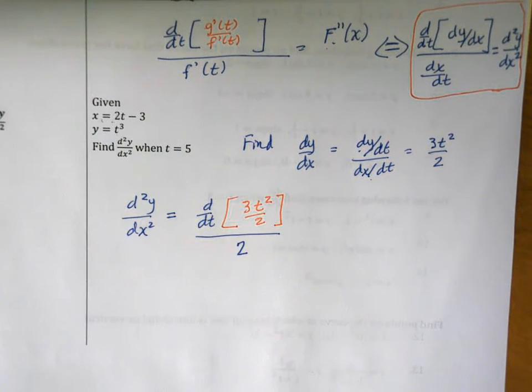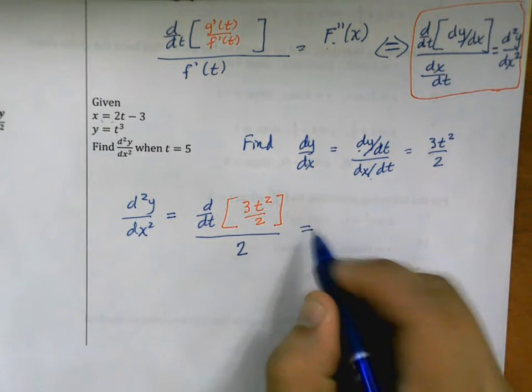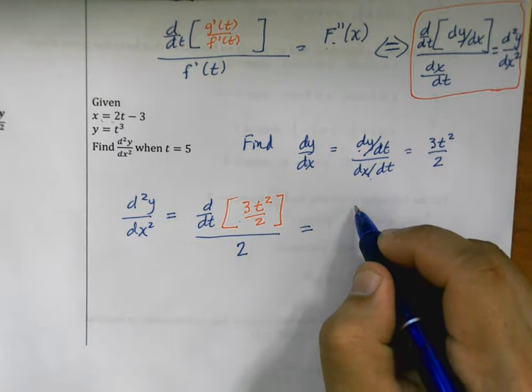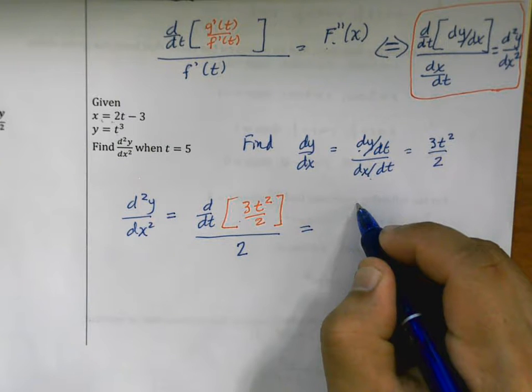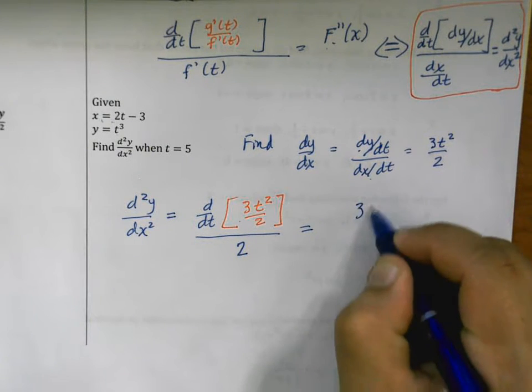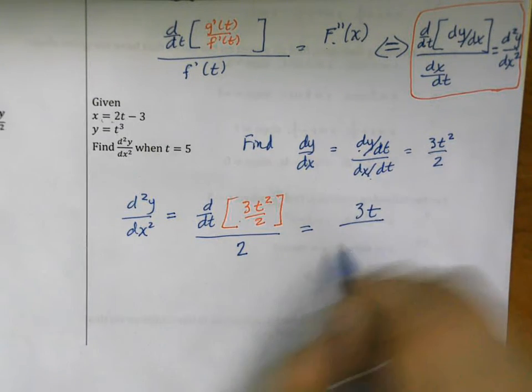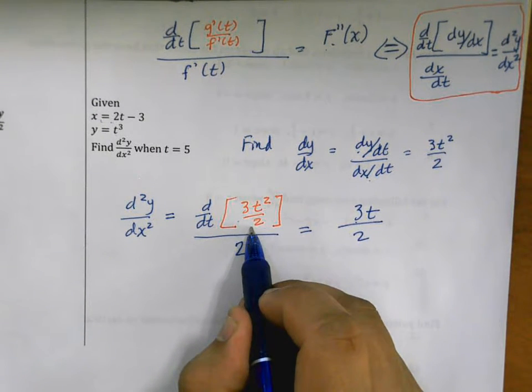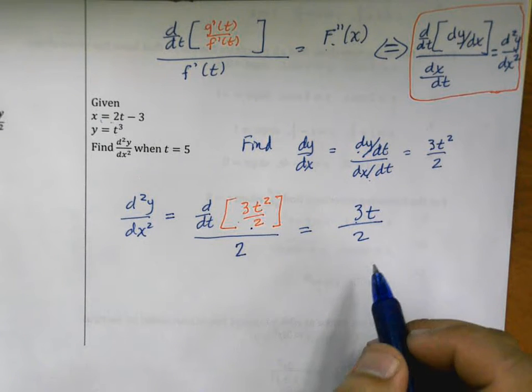When we take the derivative of the top with respect to t, we get 6t over 2, which is just 3t, all divided by 2 here. So this 3t is the derivative of this part right here with respect to t.